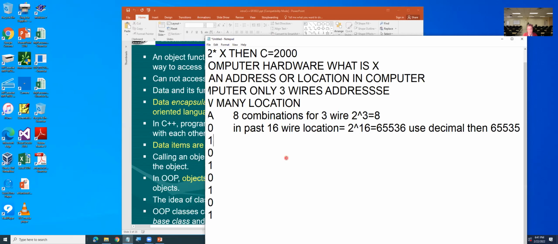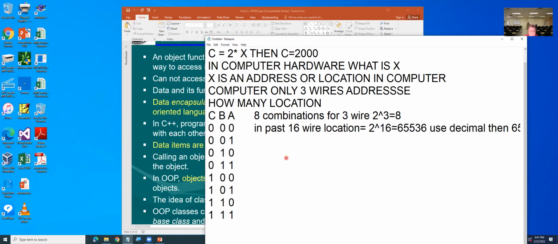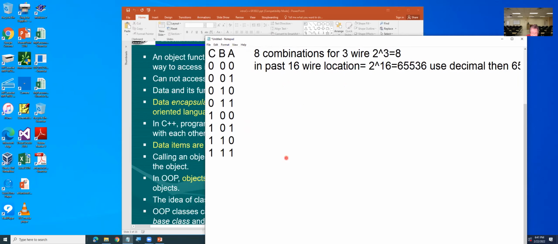If you bought the old computer and you get a new hard drive, it's not working. The new hard drive will be very, very big. So that is talking about the memory in hardware.